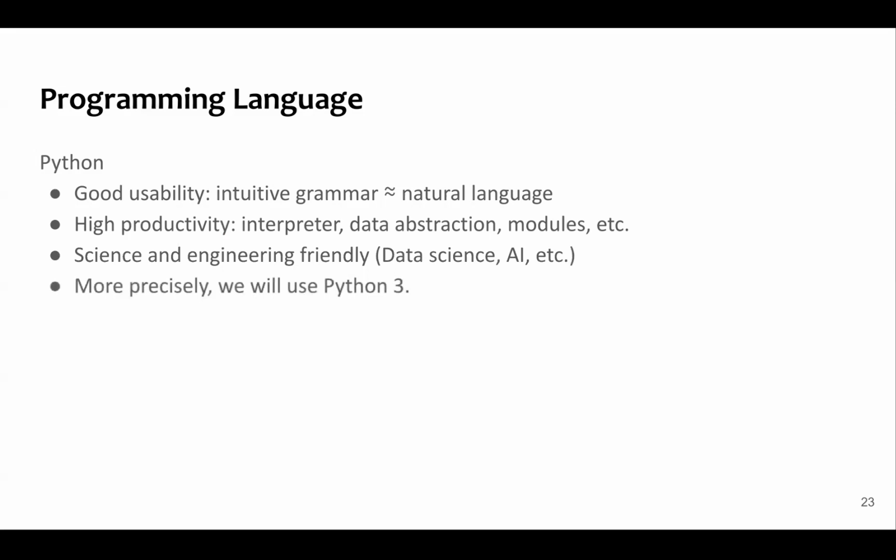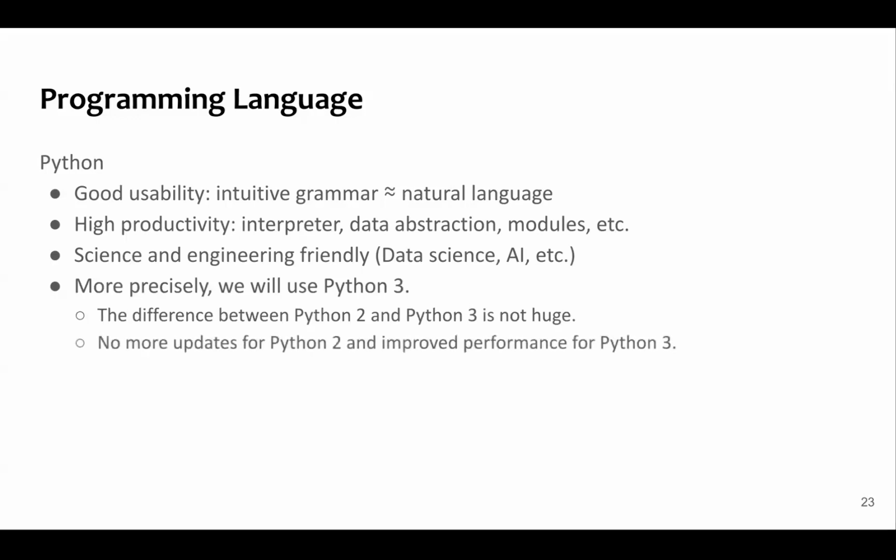More precisely, we'll use Python 3. We're not going to use Python 2. The difference between Python 2 and Python 3 is not huge. However, there are going to be no more updates for Python 2. In Python 3, we have better performance.